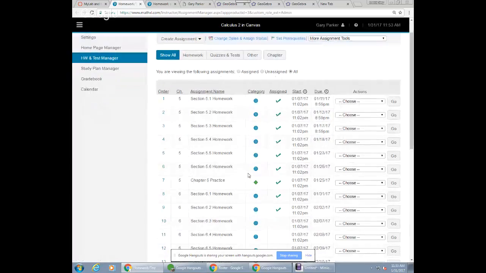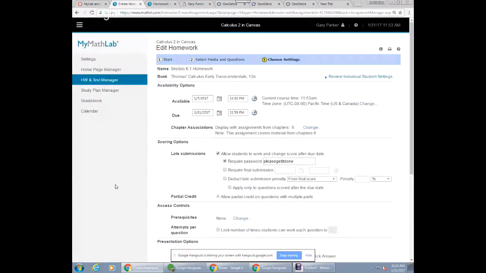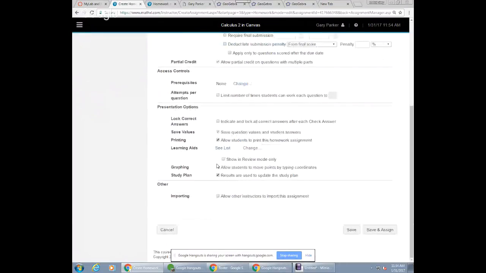Both? Okay. Fair enough. It's a snowy day, it's a good day to do both. All right. Settings per class. Go. And okay, the new password for this chapter is "please get it done if you don't get your homework done in time." And then we are going to set it for tomorrow night. Please do some tonight, though, especially if you didn't do any last night. Okay, good.